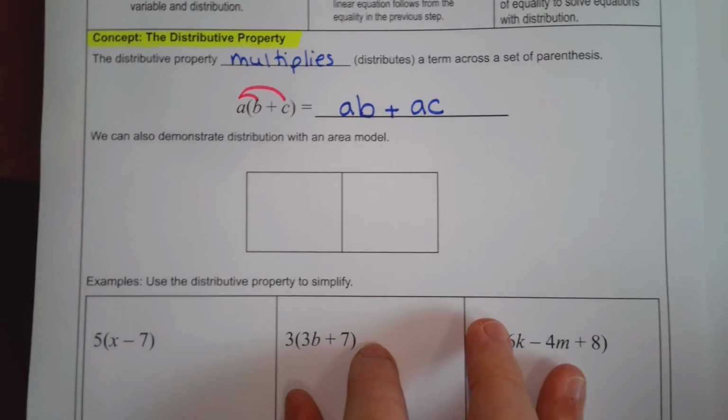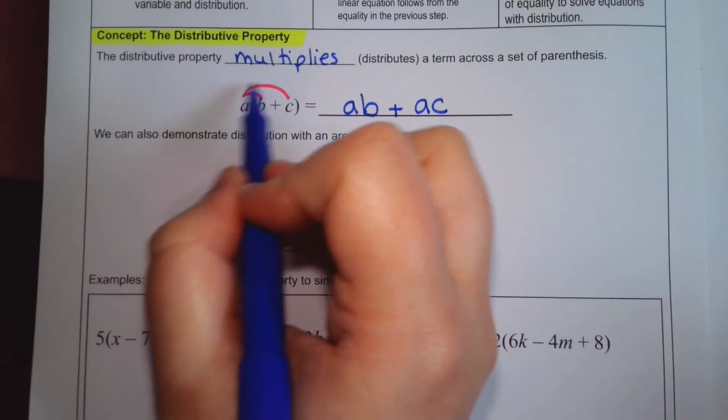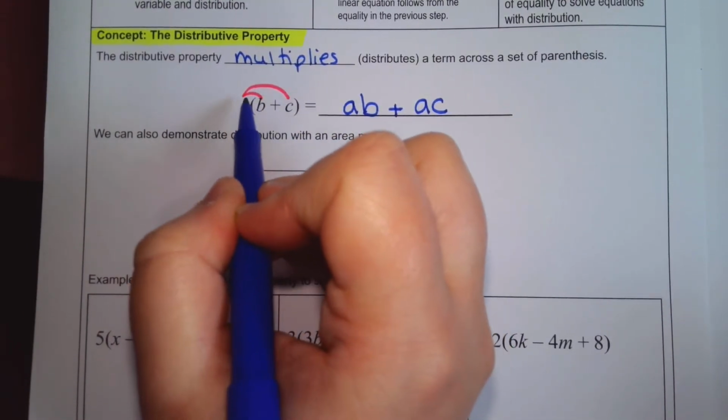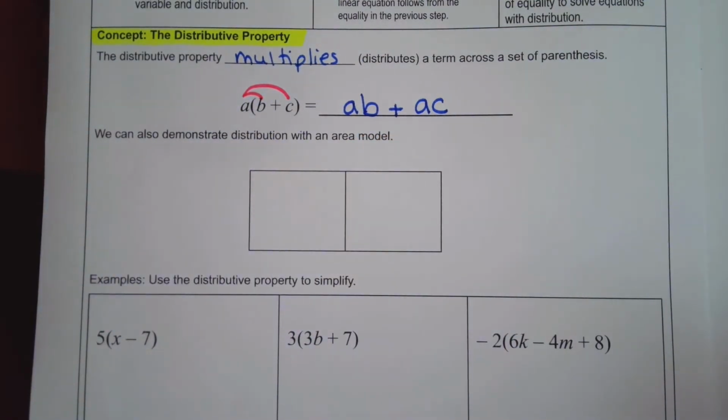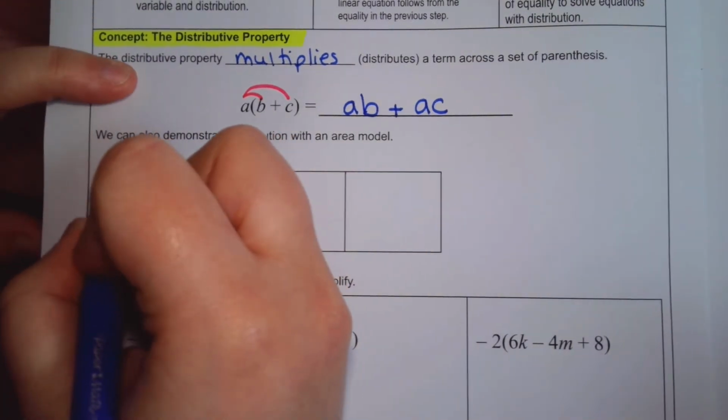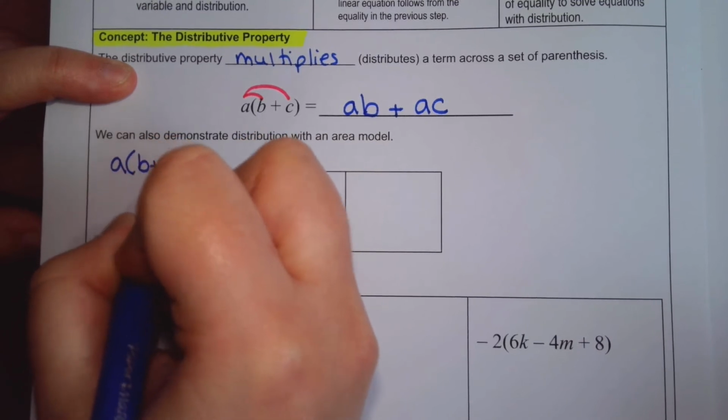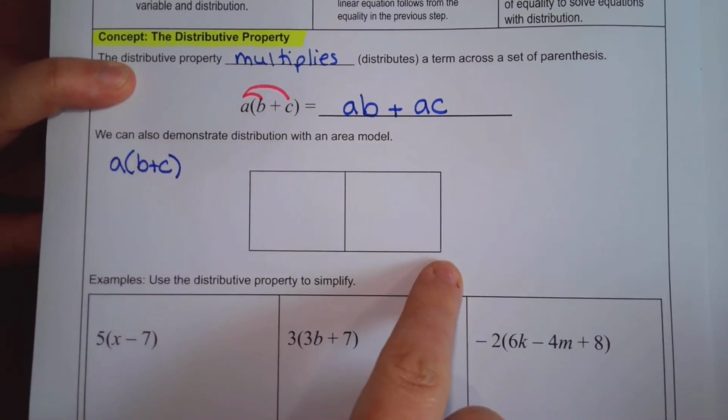If you don't like distributing like this with drawing arrows to each thing in the parentheses, you can also demonstrate distribution with an area model. So again, we're going to be using A times (B plus C), but we're going to use an area model.